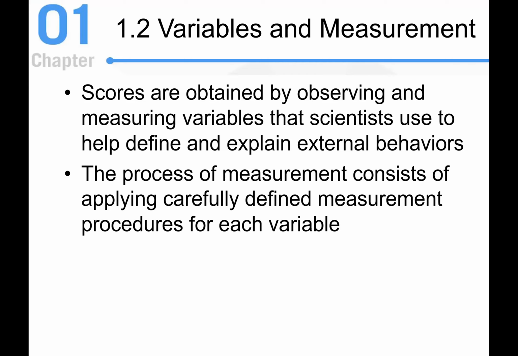We're going to measure some kind of variable and use it to help us define and explain some kind of external behavior. So the process of measurement is going to consist of applying carefully defined measurement procedures for each variable.